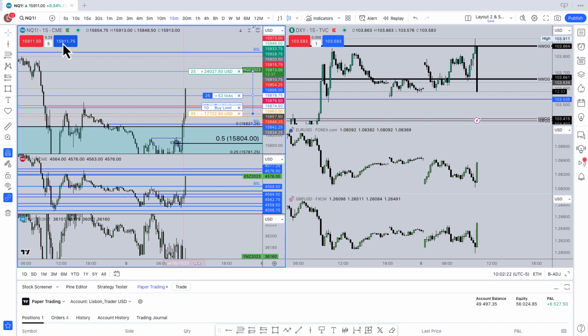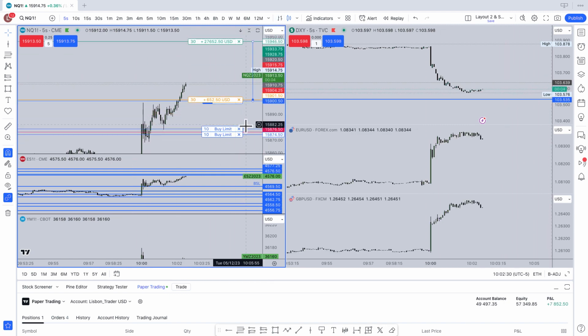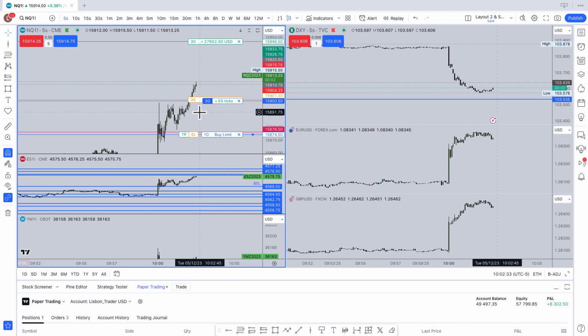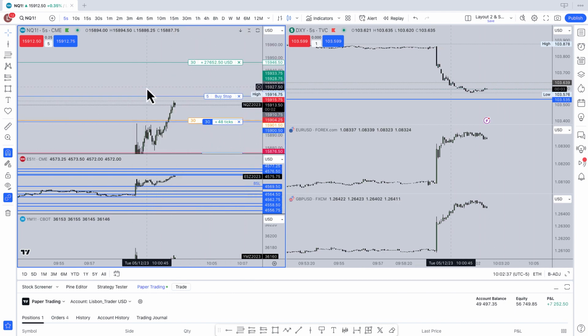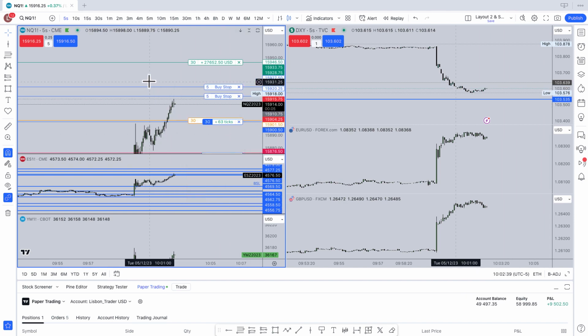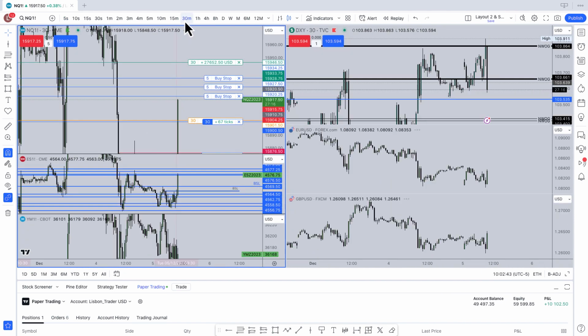I just want to pump right. Let's drop to the 5-second chart. Put this as break even, and let's keep on buying as we go until that level. There.